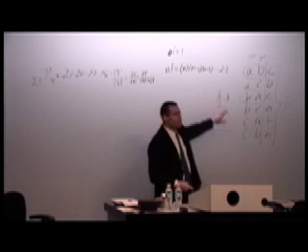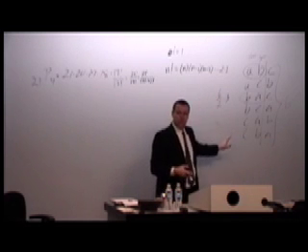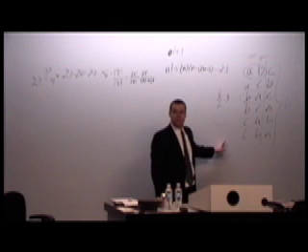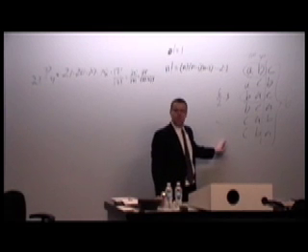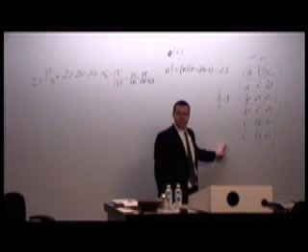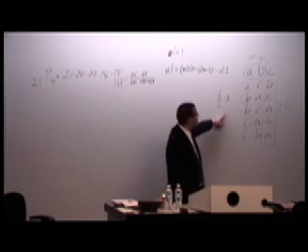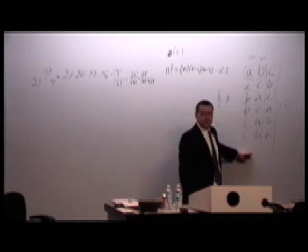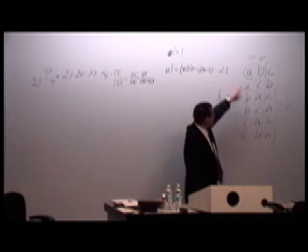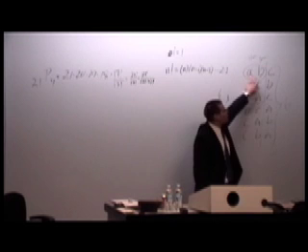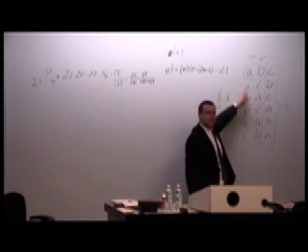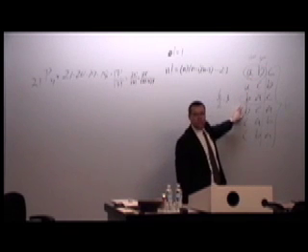So in the list, if there were 4 people in the group, you'd be dividing by 24. If there were 3 people, you'd be dividing by 6. Each group of 3 would show up 6 times in the list. In this case, we have 6 permutations, right? Each group of 2, in this case A and B, shows up twice.